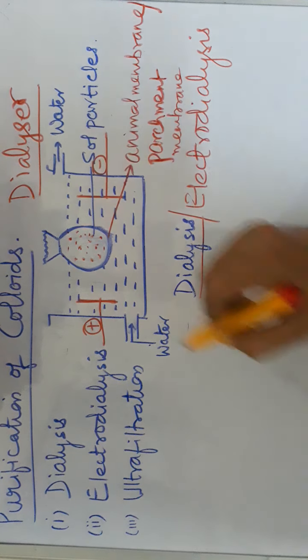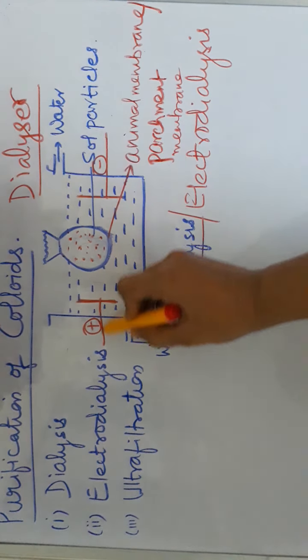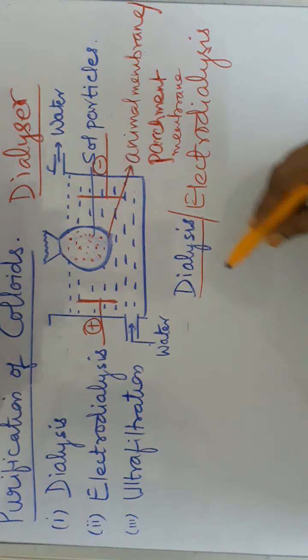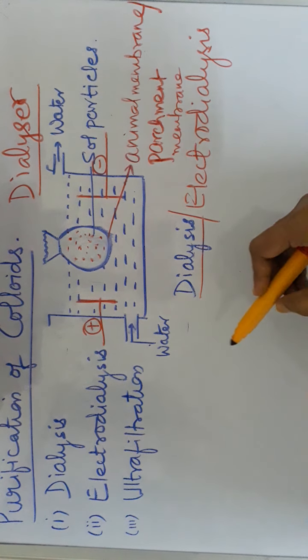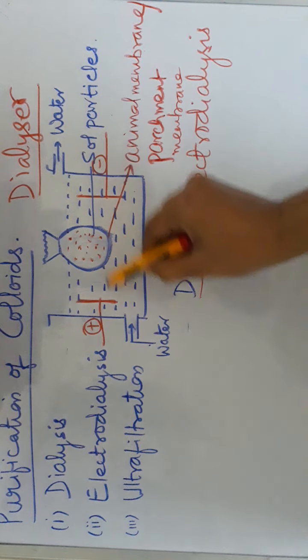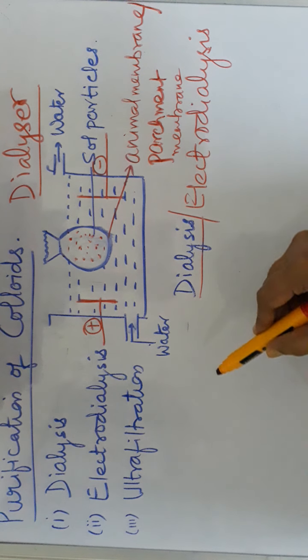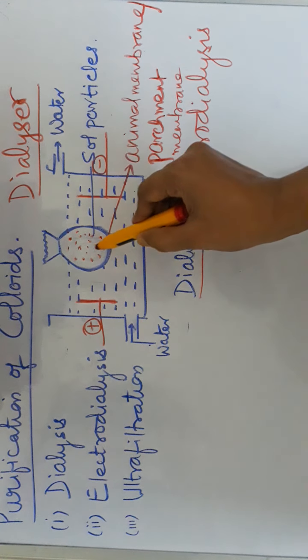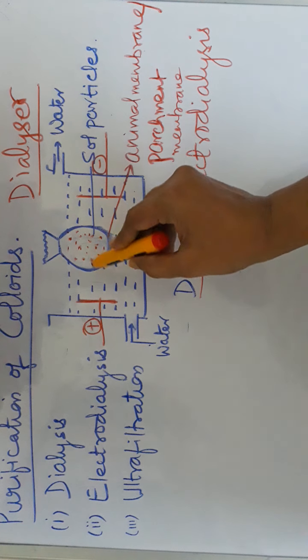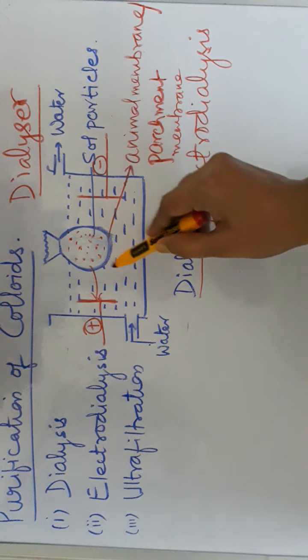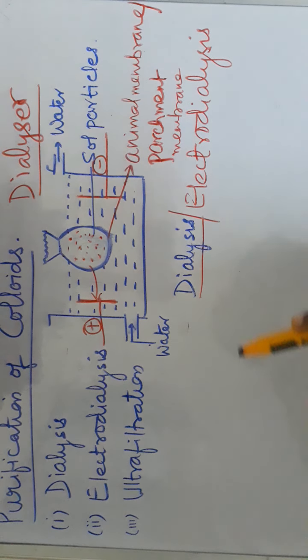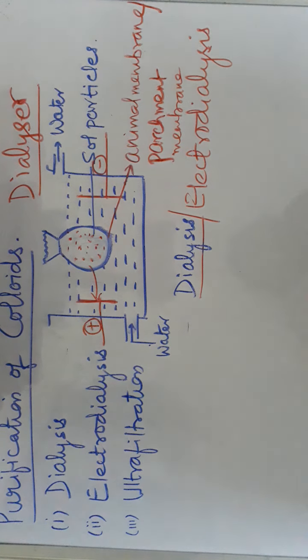On passing electric current through these electrodes, the impurities present in the impure colloid diffuse out faster through the parchment membrane. The particles which are negatively charged will move towards the positive electrode, and the particles which are positively charged will move towards the negative electrode.